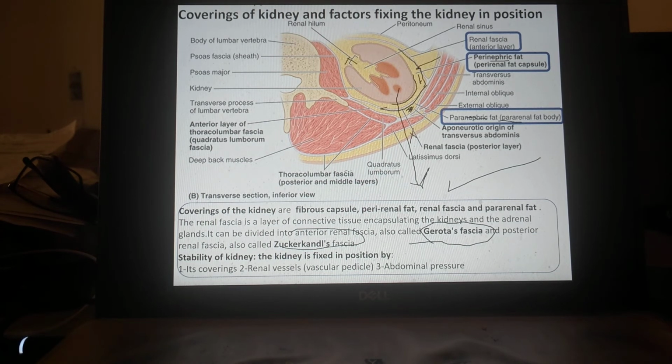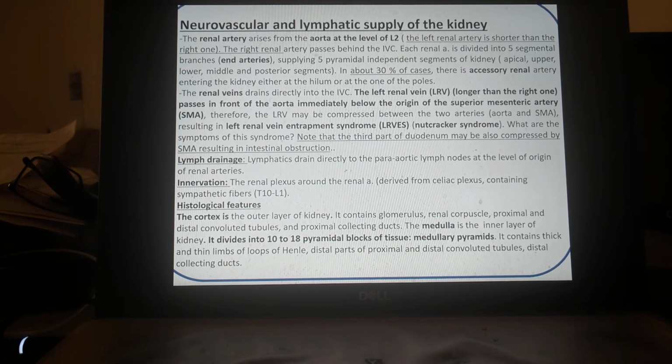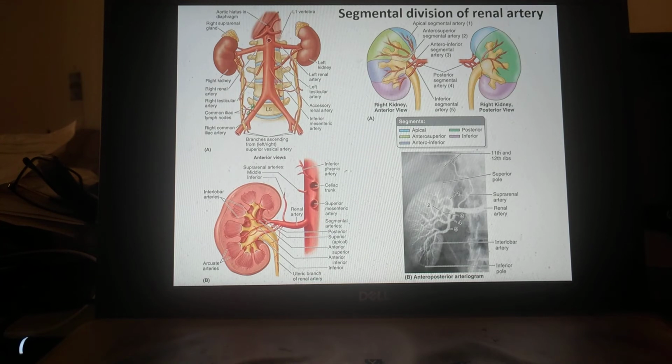Also, the kidney is fixed in position by the renal pedicle or renal vessels. As I mentioned before, the arterial supply of the kidney is the renal artery.